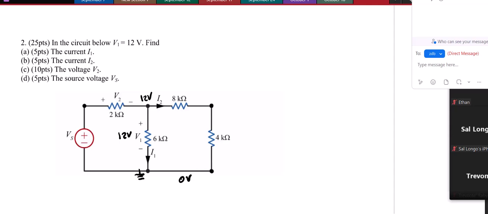Well, I1 is the current through this resistor, and I have its resistance, it's 6 kilo ohms, and I have the voltage across it. So that means I can just use Ohm's law, V equals IR.